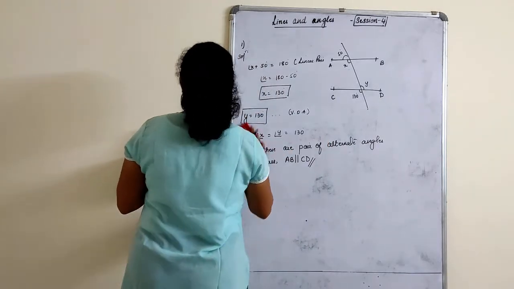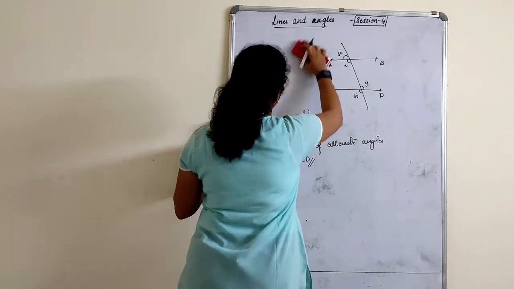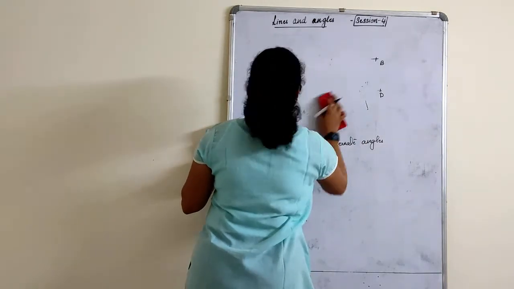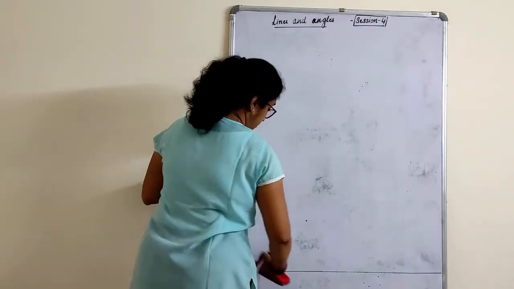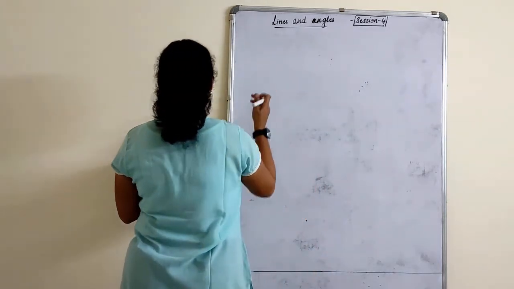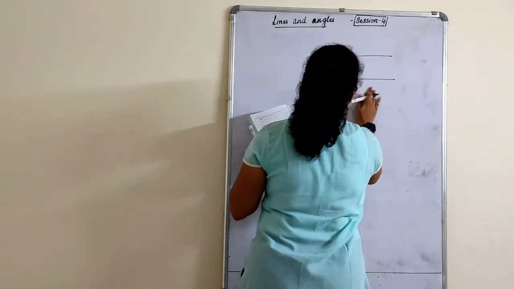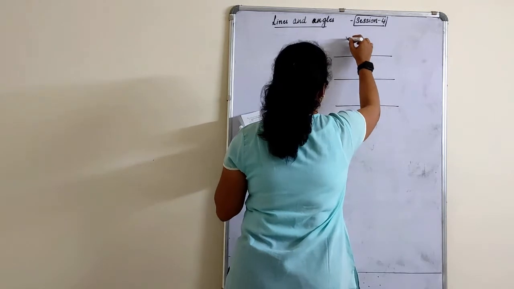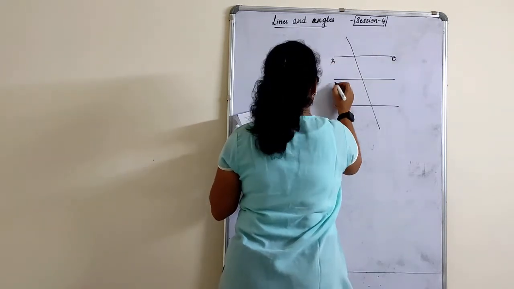In the figure, there are two pairs of different lines which are given parallel and some ratios of angles are given. We need to find the unknown value x. Given here are three lines, AB, CD and EF, and this is the transversal.